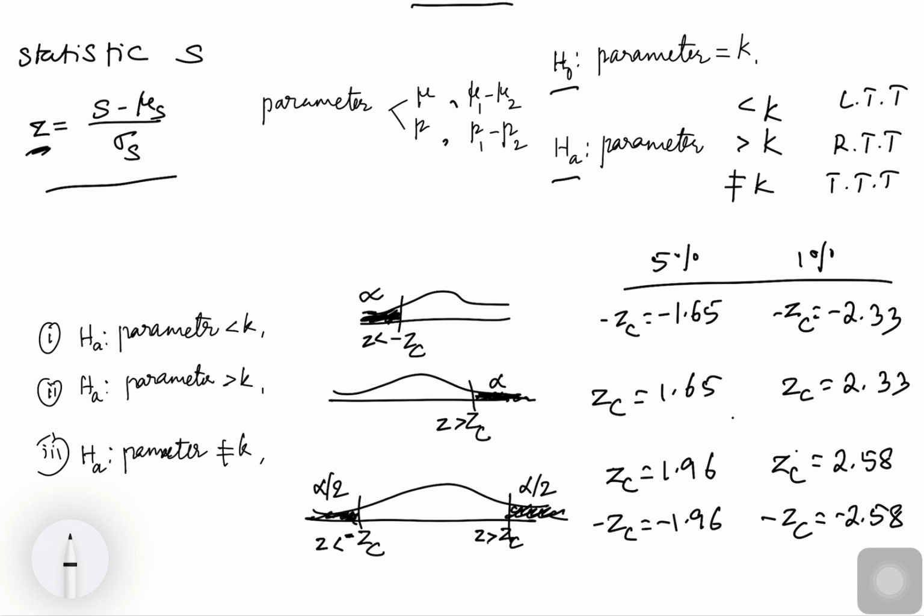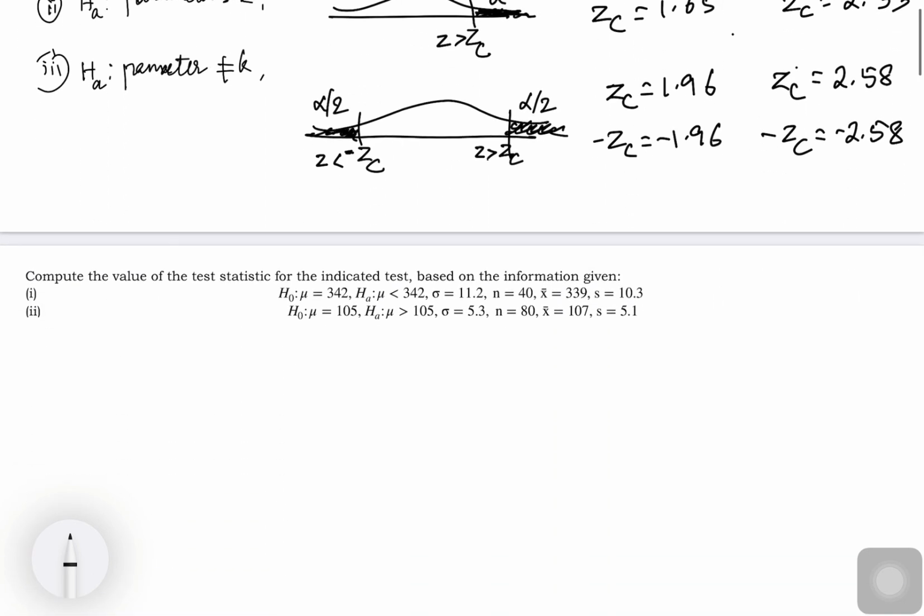So now let us consider problems based on these things. Here they are asking you to compute the value of the test statistic for the indicated test based on the information given to us. In the first problem, the null hypothesis is mu is equal to 342, and the alternate hypothesis is mu is less than 342. So this is a left tailed test.